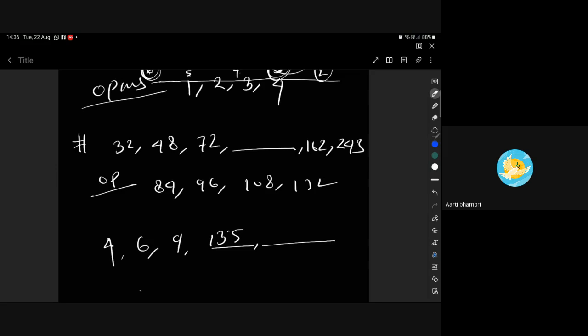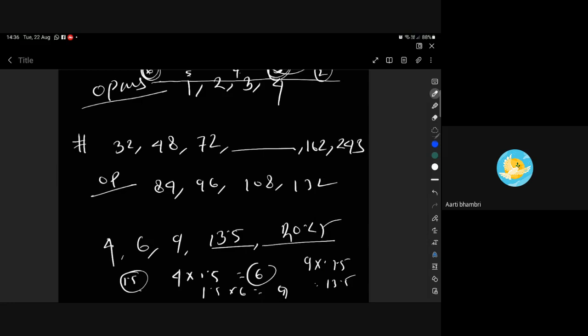If you multiply 1.5 with 4, it will give you 6. Then again you multiply 1.5 with 6, it will give you 9. Just calculate. If you multiply 1.5 with 9, it will give you 13.5. Similarly, if you multiply 1.5 with 13.5, it will give you 20.25. So 20.25 will be the answer.